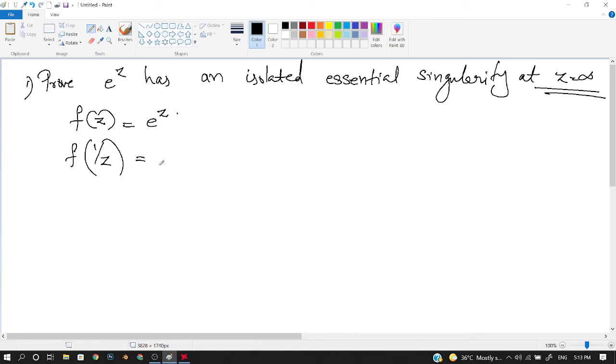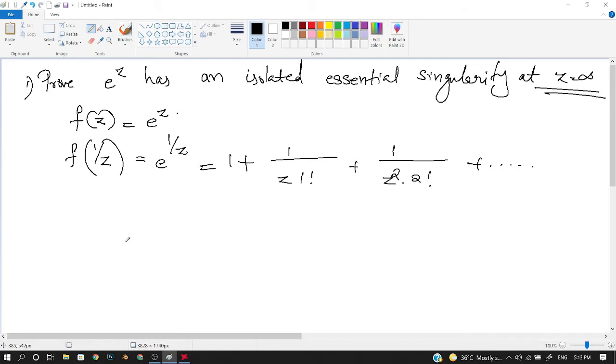So e raised to z becomes e raised to 1 by z. Now we can consider this expansion. Here you can see that the principal part contains an infinite number of terms.